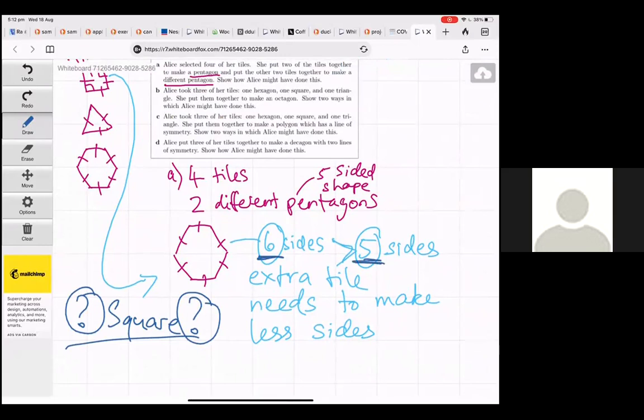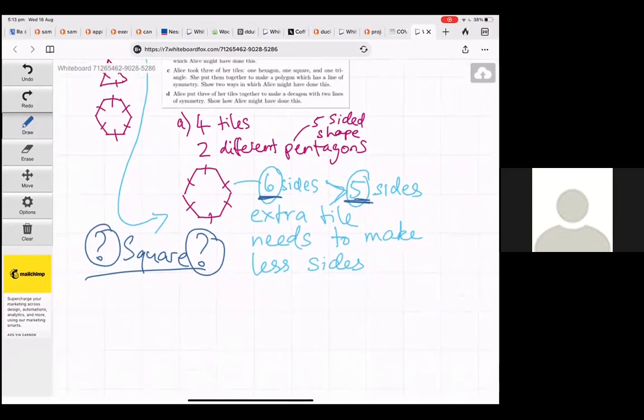If I connected the square somewhere, then it would look something like this, right? I have my hexagon, and then I have to connect the square to one of these sides, right? So I could put it down here.